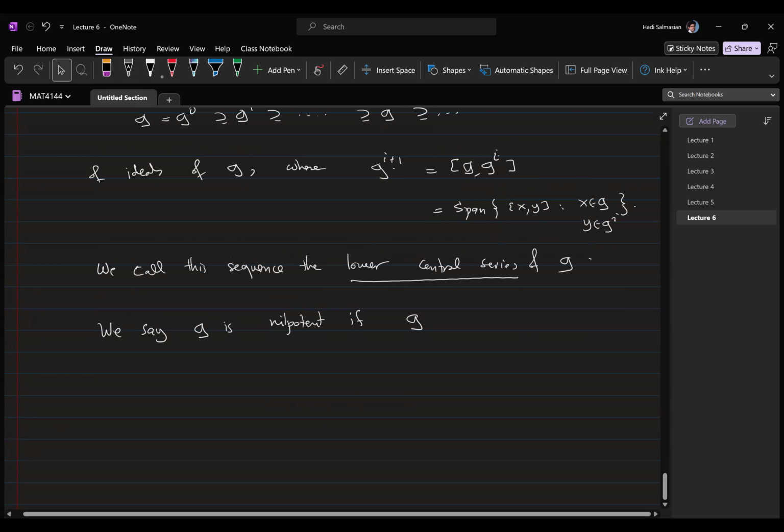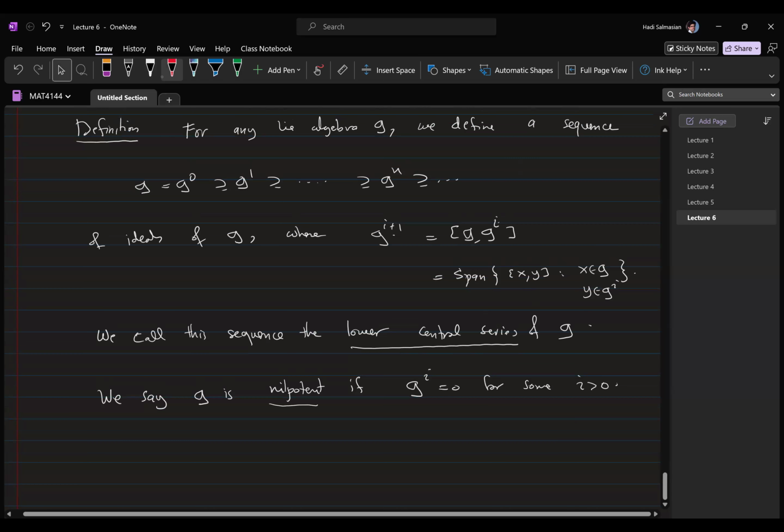Okay, so we say G is nilpotent if G^i is 0 for some i. So if this sequence terminates in 0 at some point, then we say G is nilpotent.